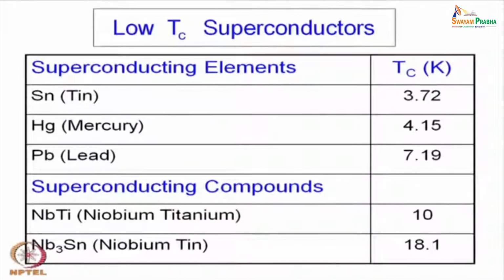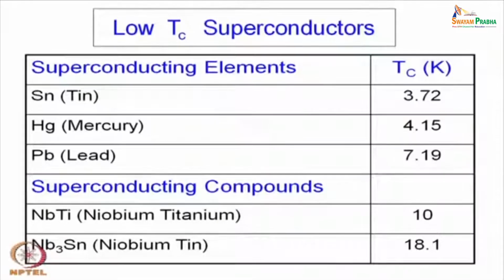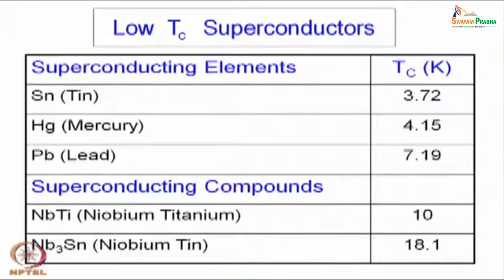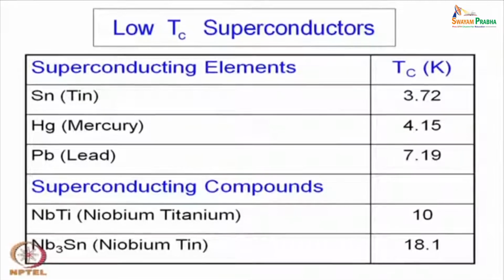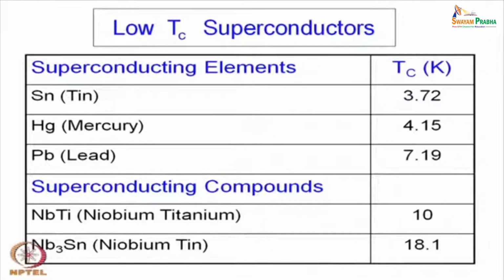As we have mentioned, mercury was the first element to be discovered in which the phenomenon of superconductivity was observed, and then a few other elements like tin and lead were discovered later to also behave as superconductors.